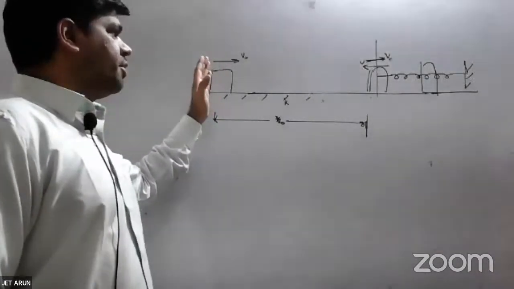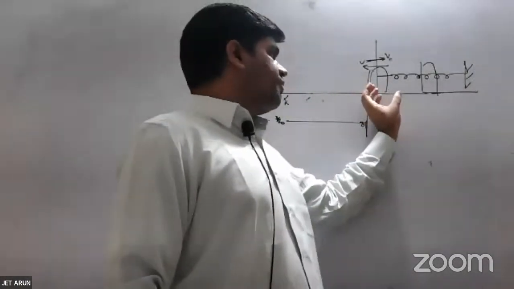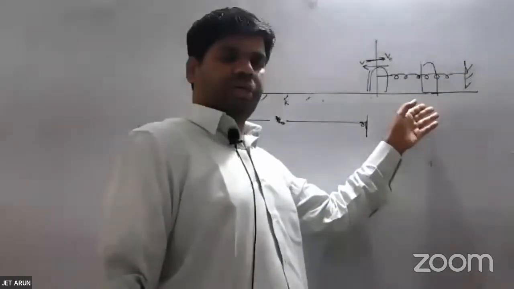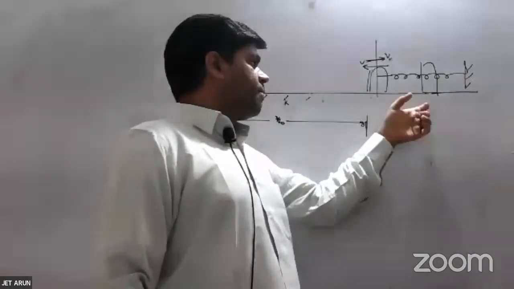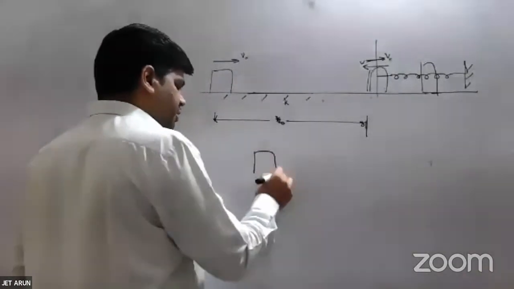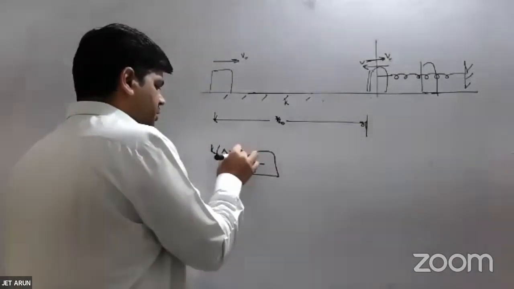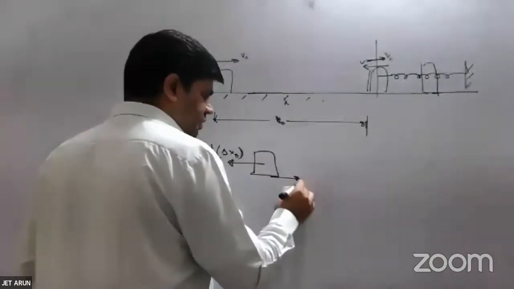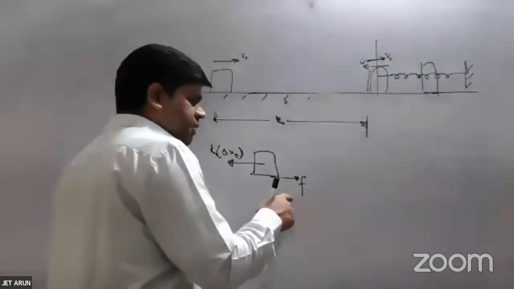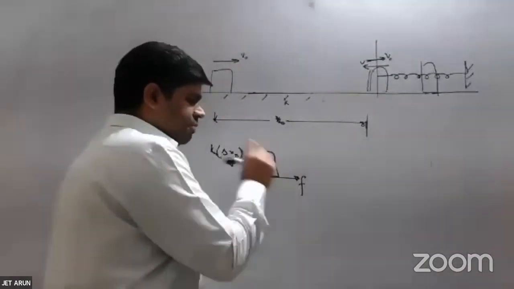I project the particle with V naught. It goes over here, hits the spring, and further compresses. Energy loss due to friction is throughout the surface, throughout the journey. When it gets compressed, ultimately, let the compression be delta x naught. So the spring force is k naught into delta x naught, and the friction at that time will be static. If the limiting value of friction is more than this k naught delta x naught, then it will remain at rest.